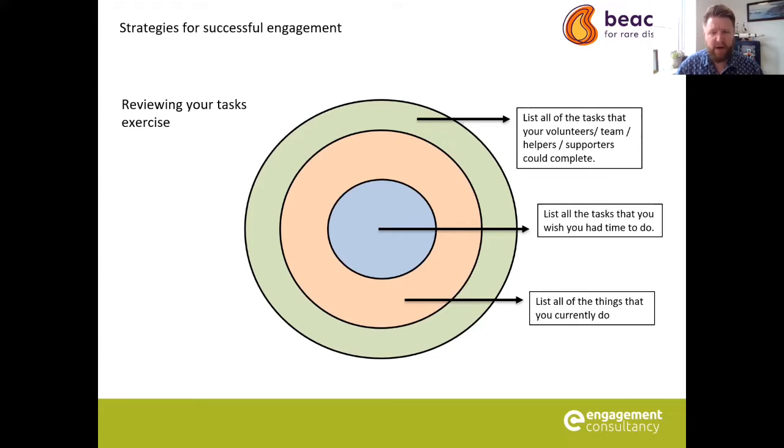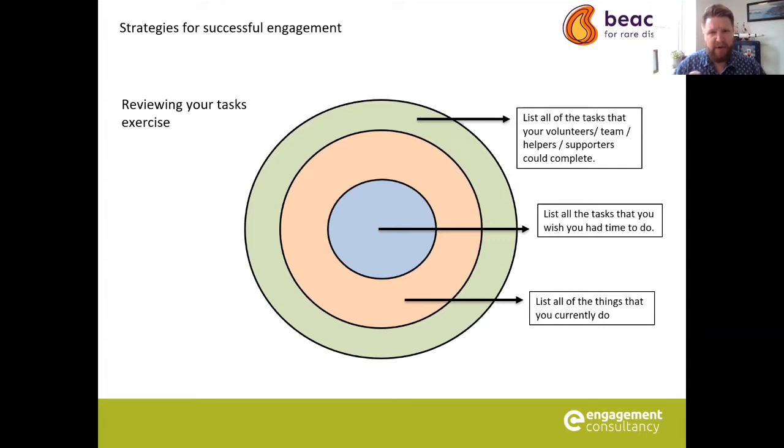So what it does is identify where you're spending a lot of your time, and it helps you to recognize what tasks you're currently working on that can either be delegated or you recruit a volunteer to help and support you. It may sound simple, but spend the time to write down where you want to spend your time. So if you want to spend more of your time speaking to corporate partners, for example, what do you need to give up and delegate, or recruit a volunteer for, to enable you to do that? In that center circle, that's where you would want to think a bit strategically about your time.